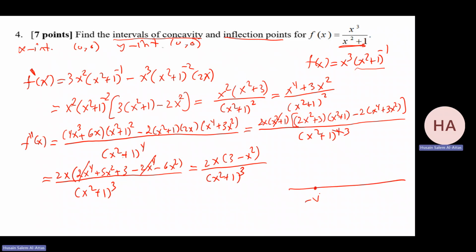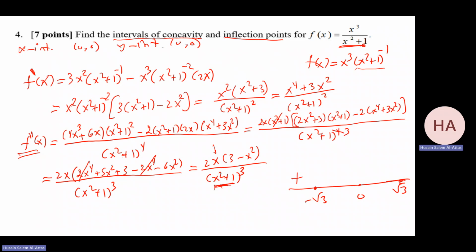So I'll put now the values. I have minus the square root of 3, 0, and the square root of 3, because I need f double prime equal to 0. The denominator cannot be 0, so I don't care about it. Take minus 2, that will be negative. Here it is always positive. Minus 2 gives negative, 3 minus 4 is negative also, that will be plus.